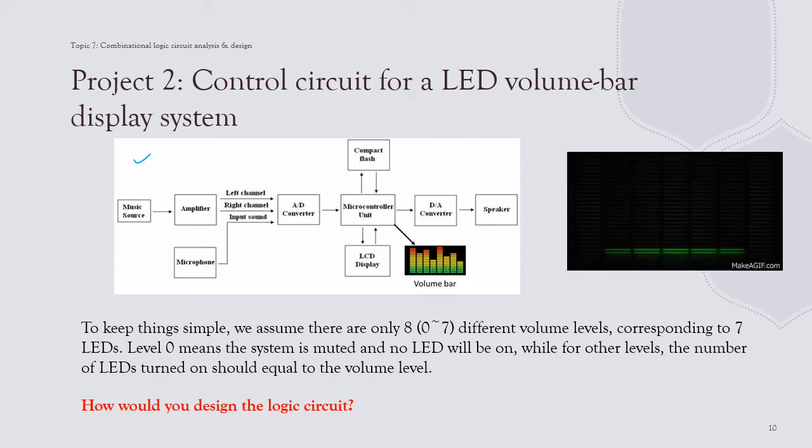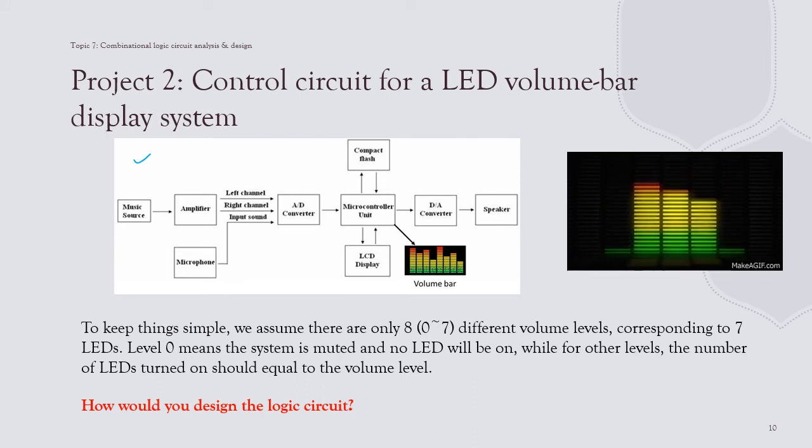So when the volume changes, there are different lights on and off, right? Now you need the red lights, and by the way, all the lights are LEDs, light emitting diodes. And they have different colors. The red color means high volume, green color means low volume, yellow is in the middle.